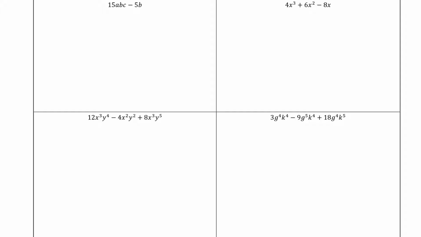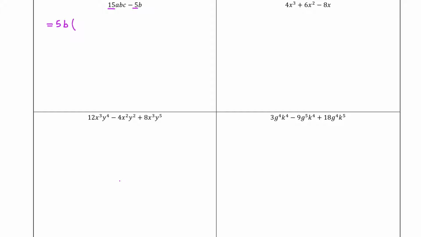Alright, for the first expression here, I have 15abc minus 5b. The greatest common factor between 15 and 5 is just 5, and the a variable is not shared, b is, but c isn't. So the only thing that I can write in here is b. And in terms of exponents, I have exponent 1, so I'll leave this as exponent 1.